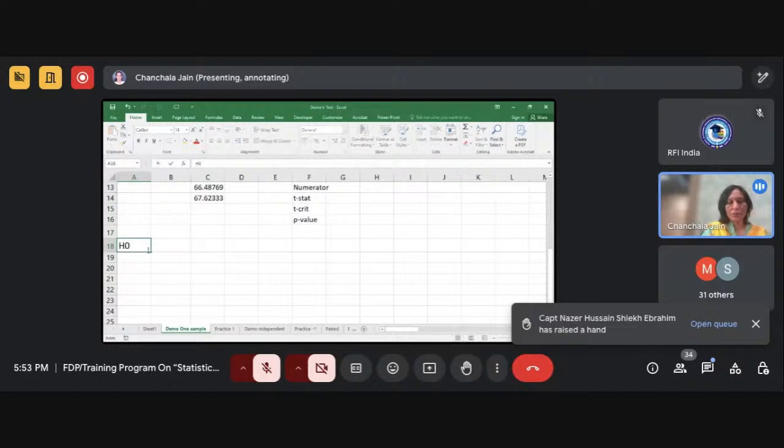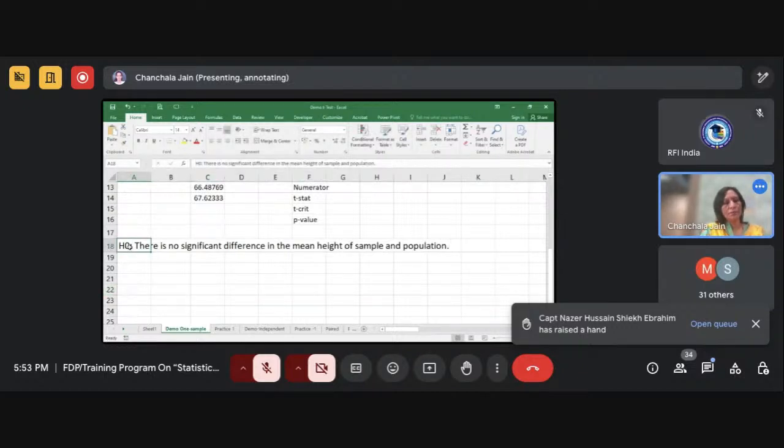Our hypothesis will be: there is no significant difference in the mean height of sample and population. Okay, done.